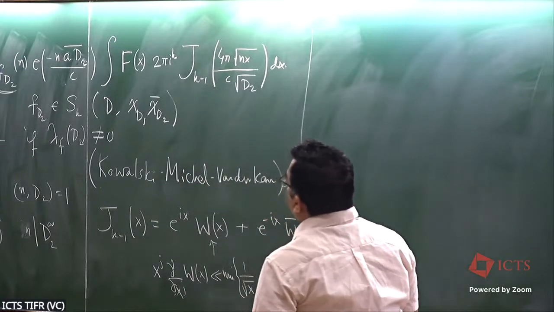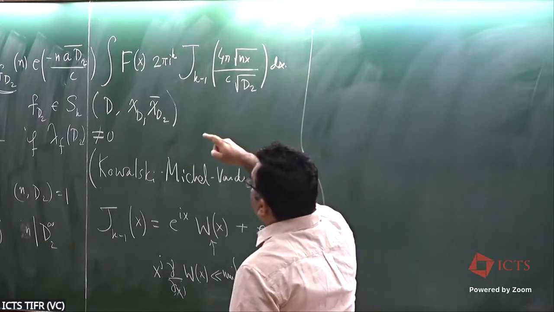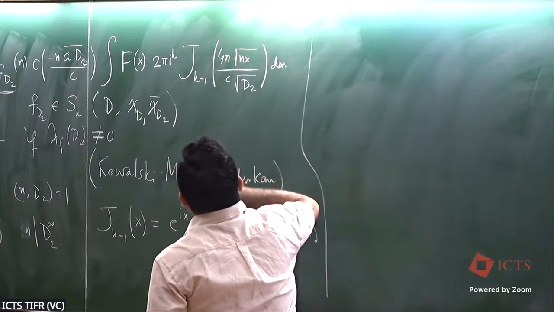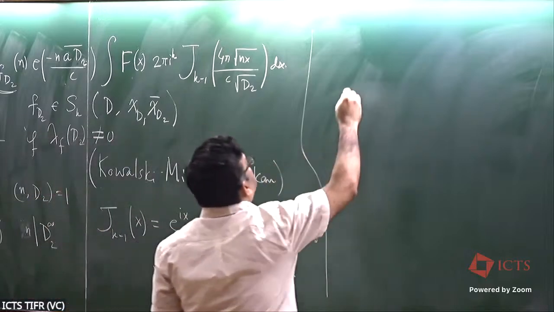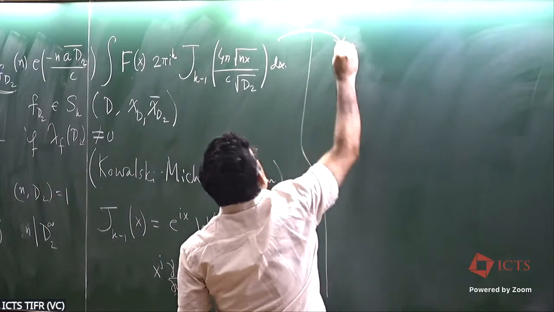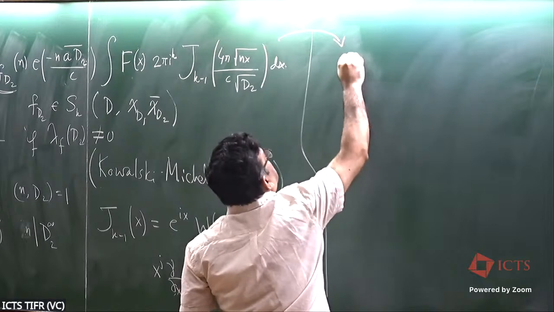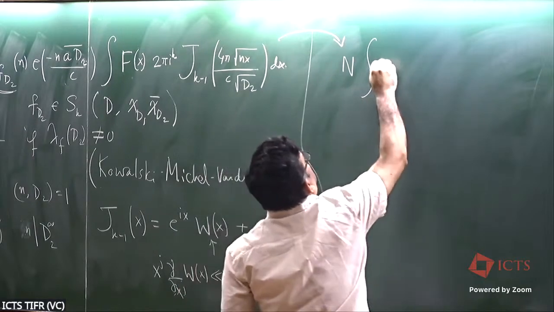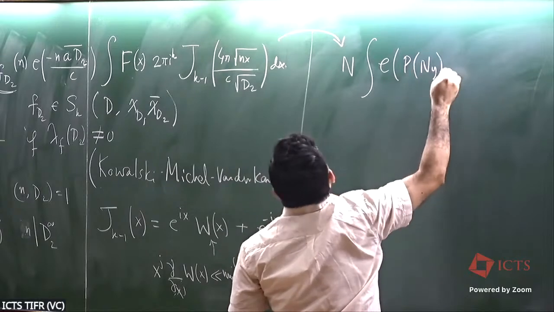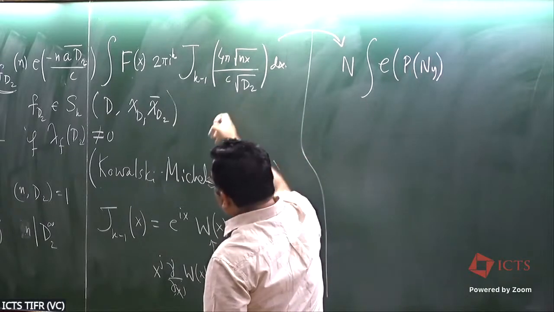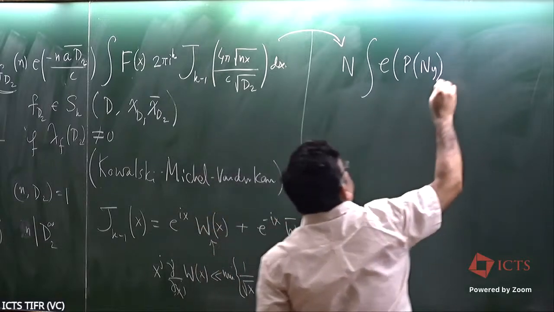So, to find out the length of the dual side, let's plug in f(x) equals to that over here. So this integral, after a change of variable, becomes n times the integral of e(pny), right? And now I extract the oscillation from the J Bessel function.